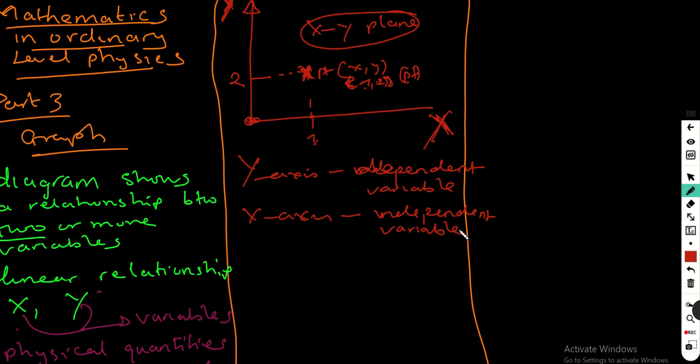They will tell you which one is dependent and which is independent. But just know in the back of your mind that the quantity on the x-axis is the independent one, and the quantity on the y-axis is the dependent one.